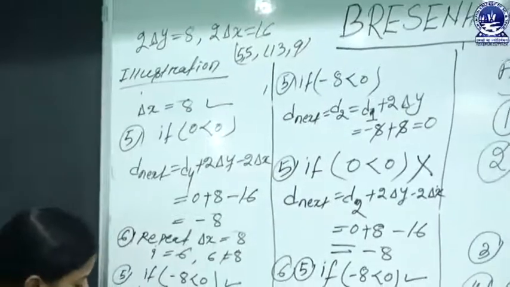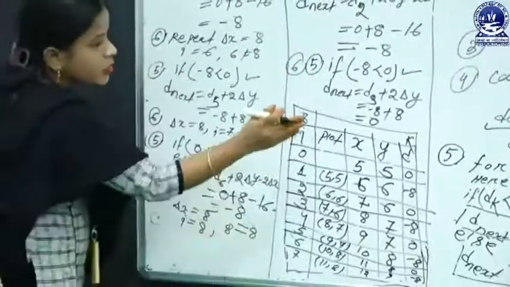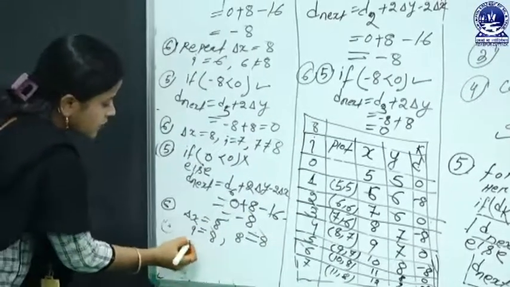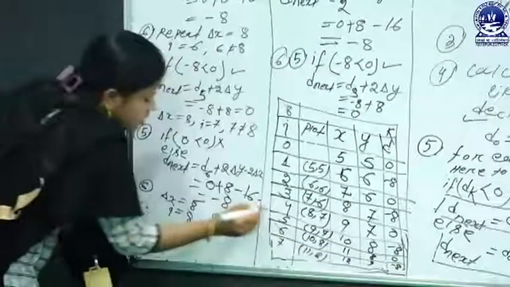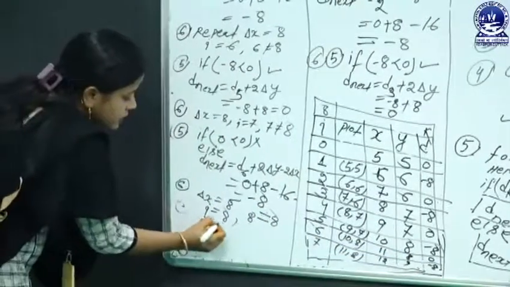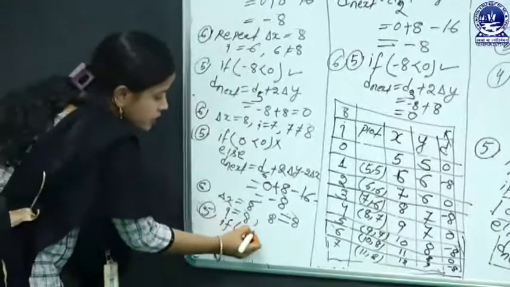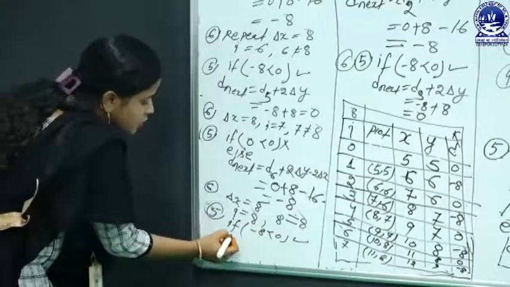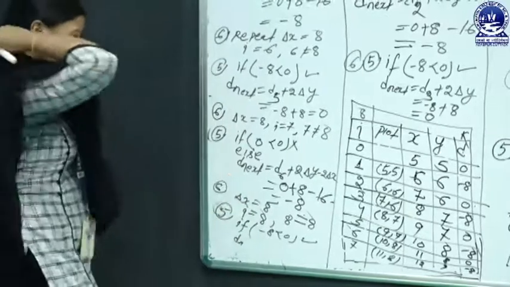So in this case we have to check the coordinate points, 8 equal to 8, as it runs delta x times. Now to calculate the next coordinates, the previous decision variable value at position 7 is minus 8. That means step 5 is executed again. Is minus 8 less than 0? The condition is true, so it is executed.